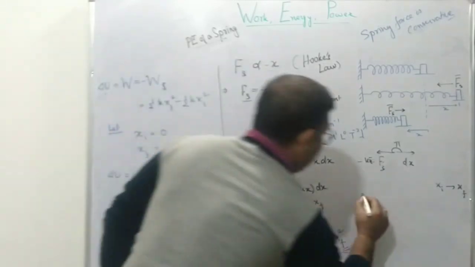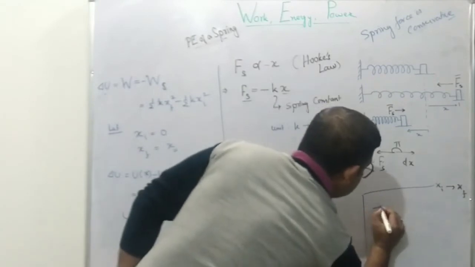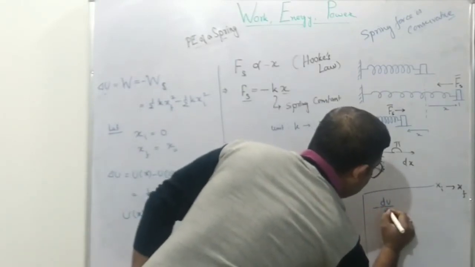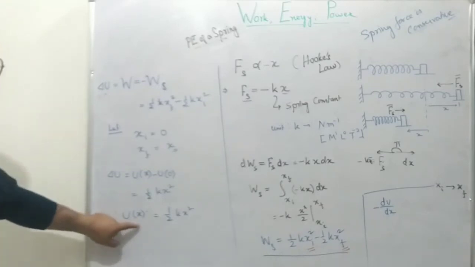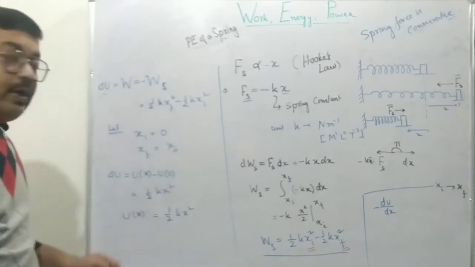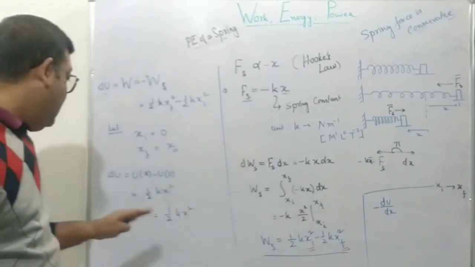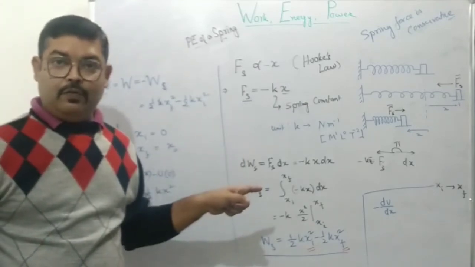Now if we take minus dU by dx for this, why are we doing this? To see whether it is actually conservative or not, because we know that a conservative force is given by the negative gradient of potential energy. Refer to my previous video for this.